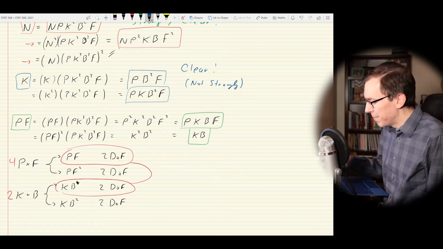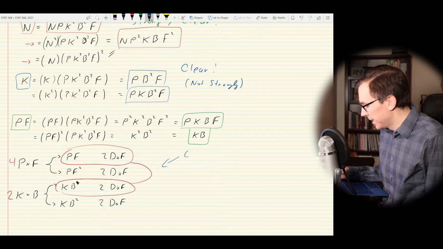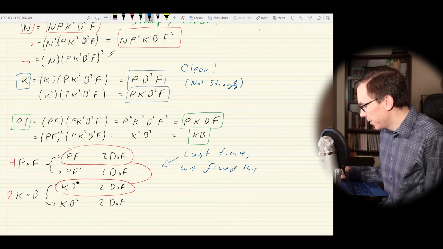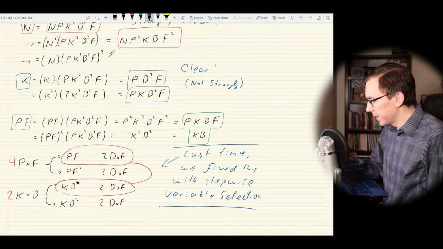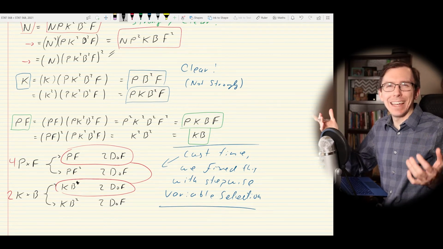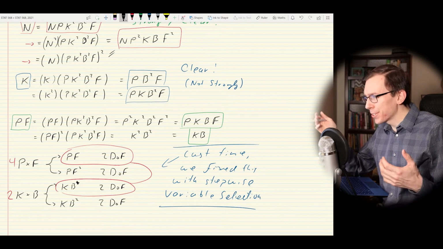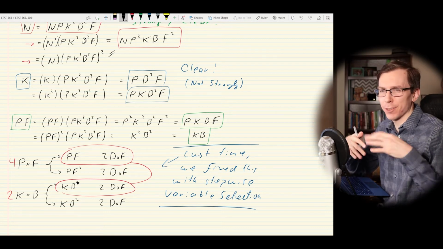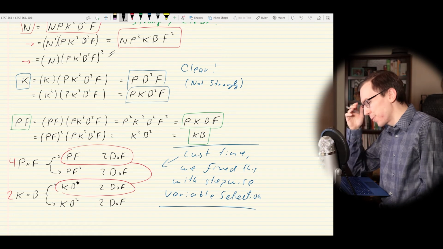And that's why, just to emphasize what we did last time, we fixed this with stepwise variable selection, which is a really good thing to be aware of, because you think, oh, variable selection, that's for high dimensional regression where I have lots of predictors and I just want to throw away the redundant or useless ones.